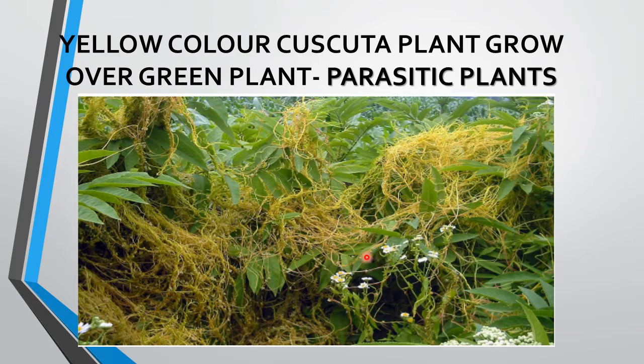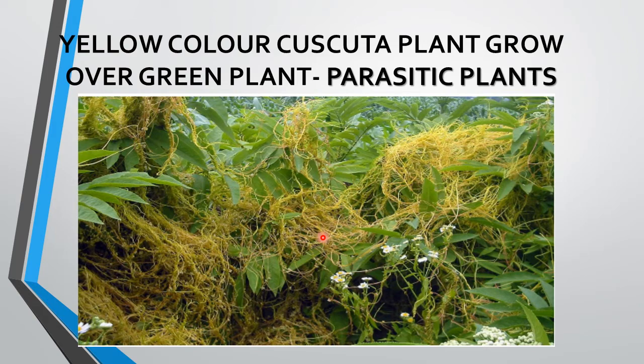You can see a portion of the parasite attached to the stem of the host. The host plant is always at a loss, because the host plant prepares the food that will be taken by the parasitic plant. Cuscuta is a vine-like plant with a yellowish stem.